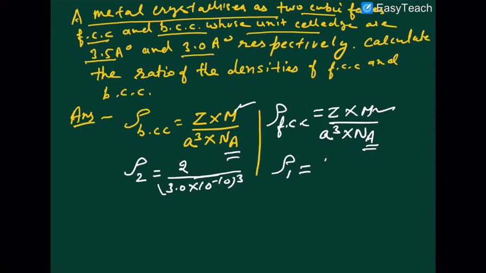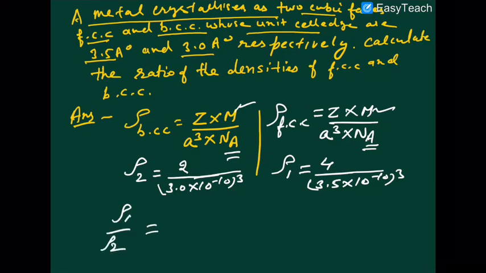Then density in case of FCC will be what? Z equal to 4 here. Value of A will be 3.5 into 10 power minus 10, cube. So what you will do? You will do rho 1 by rho 2, FCC by BCC. So it comes out to be how much?